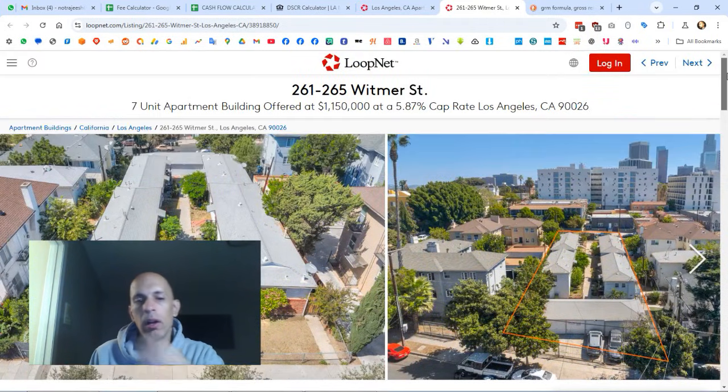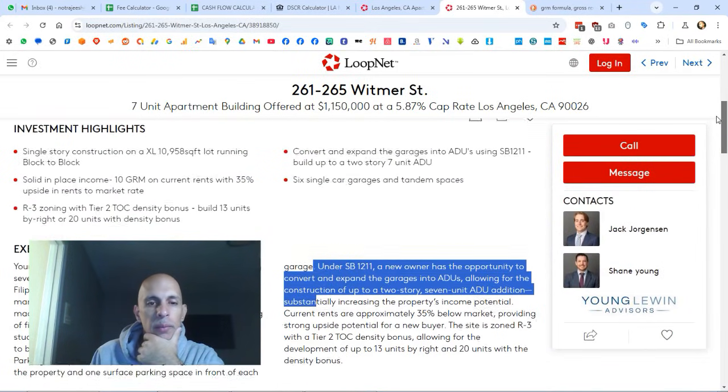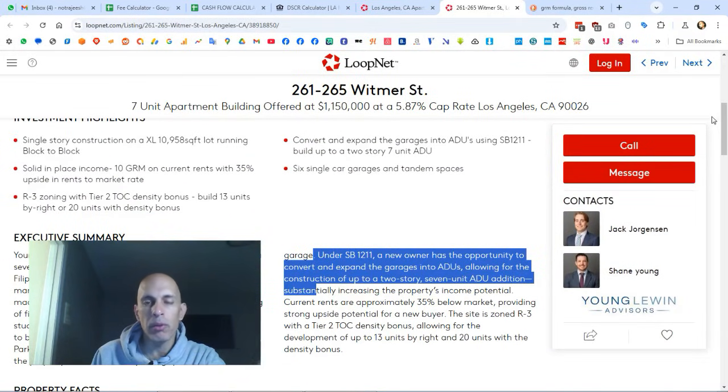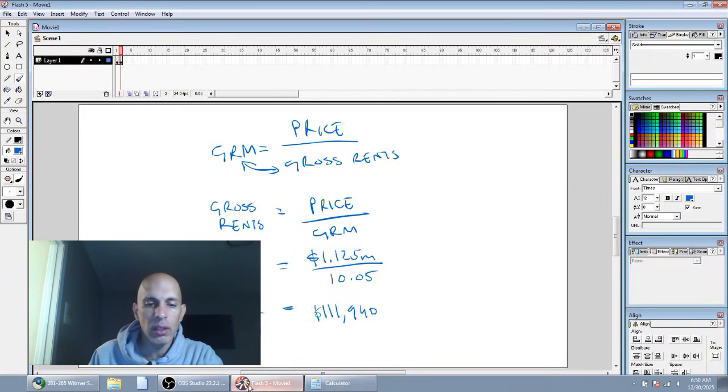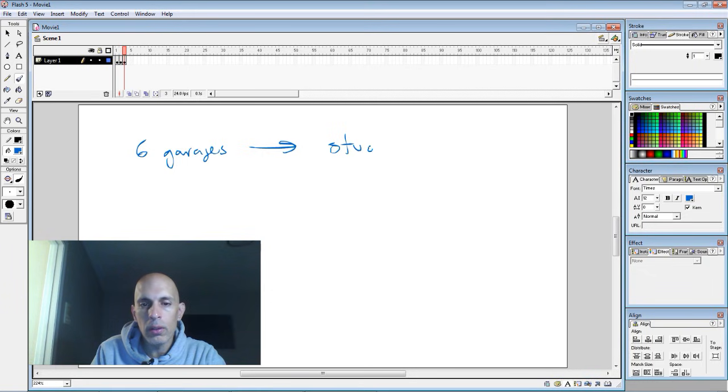How much would it cost to convert the garages into ADUs? Since you're not building up anything from scratch, it's more considered a remodel. I'd guess about, let's say 75 to 100,000 per unit. So 6 garages into studios, right?